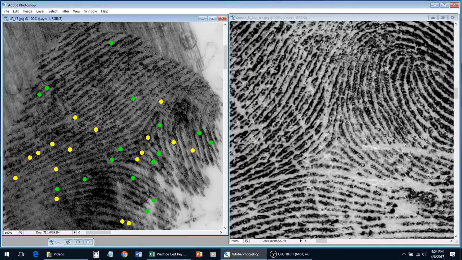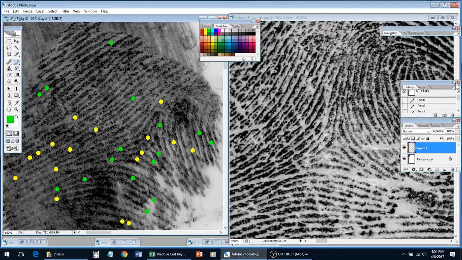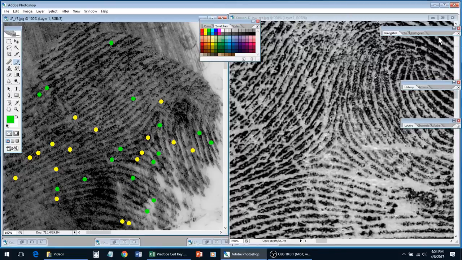So the ridge must actually go underneath the crease and go through it like that. And this appears to be this one right here. So I'm going to give this one a shot and see what I can do. Let me move a couple of these things out of the way.